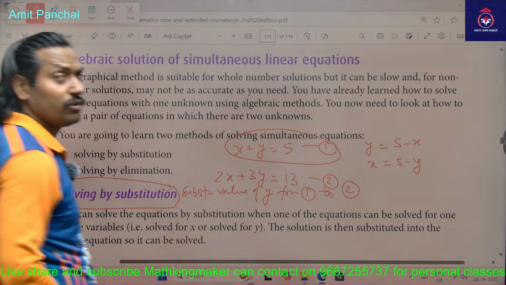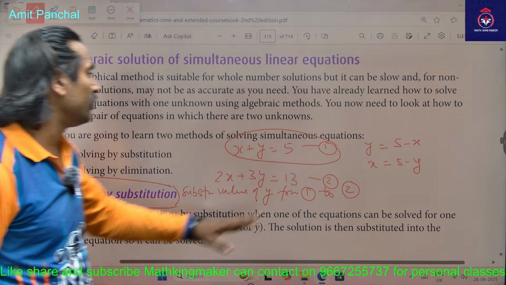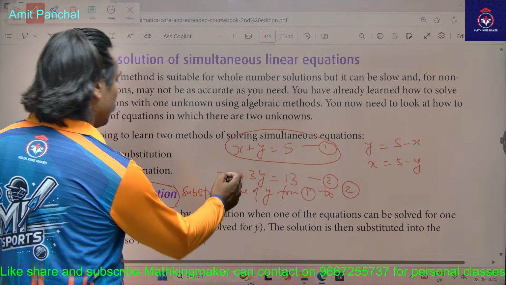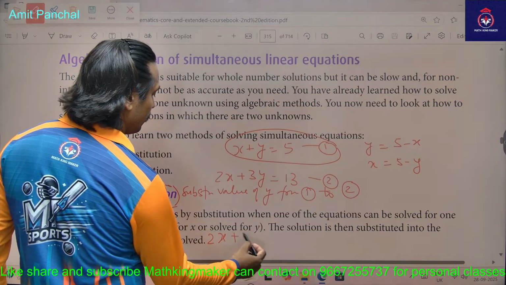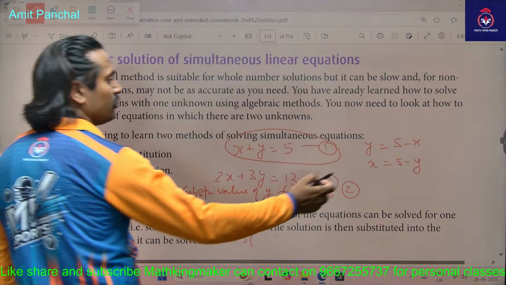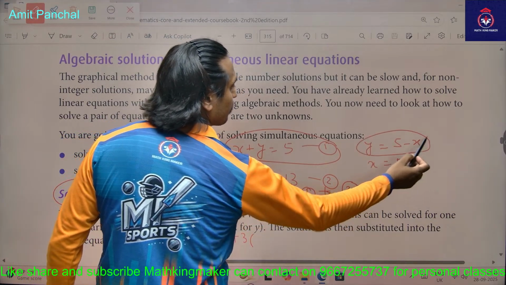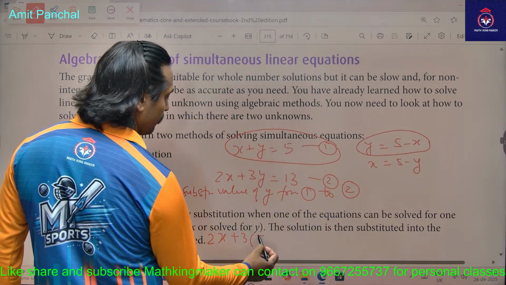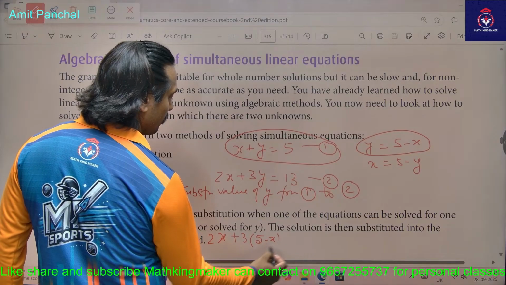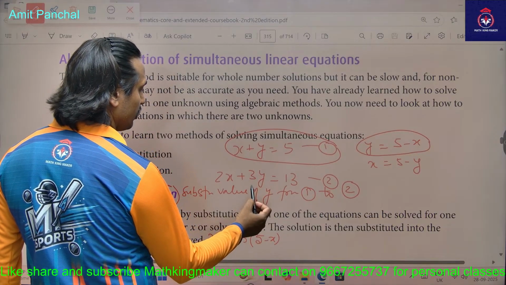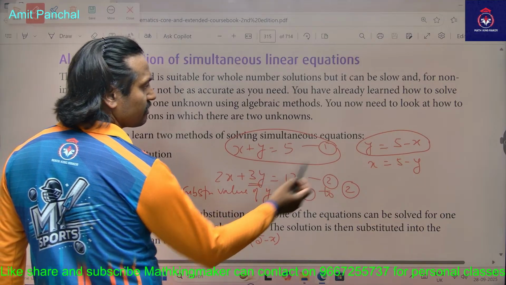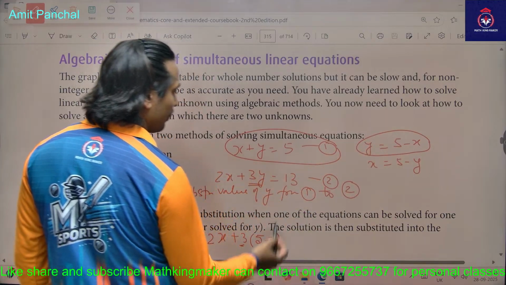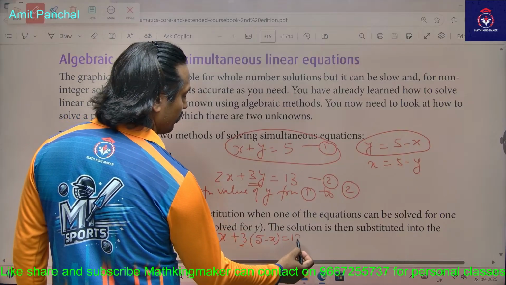What happens? 2 into x plus 3 into, in place of y you need to put 5 minus x, isn't it? In your second equation it was 3y, so you write the 3 outside and y as 5 minus x, and it is equal to 13. Got it?